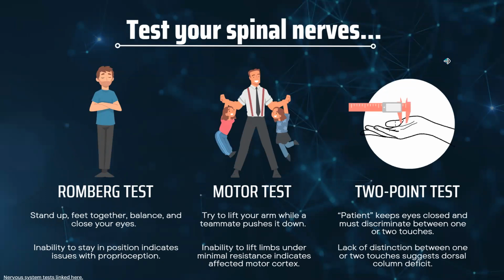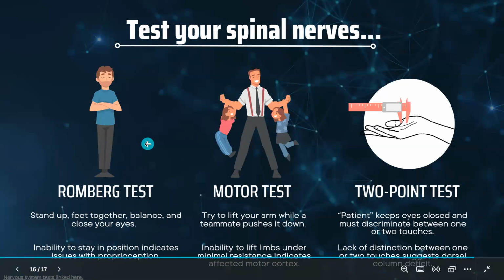And then this is more just some nice to know information, nothing that's super relevant for the test, but a few different tests that we use clinically to actually test whether spinal nerves are functioning. So Romberg test, this more tests proprioception and balance. So this may point to some problem up the chain, more like a cerebellum or balance problem or a cranial nerve problem.